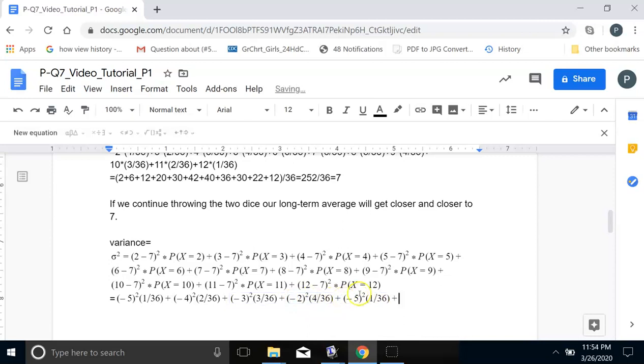Next is negative 1 squared, and X equals 6 is 5 over 36. Then this is 0 squared, and that's 6 over 36.